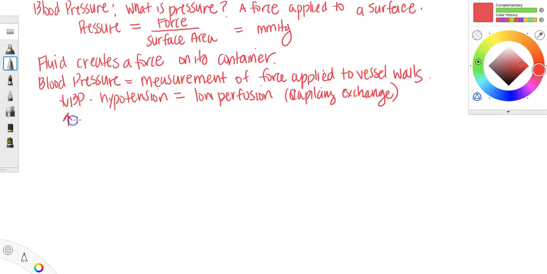All right, increased blood pressure is hypertension. And hypertension is too much pressure, which can cause vessel damage. And damage creates inflammation.